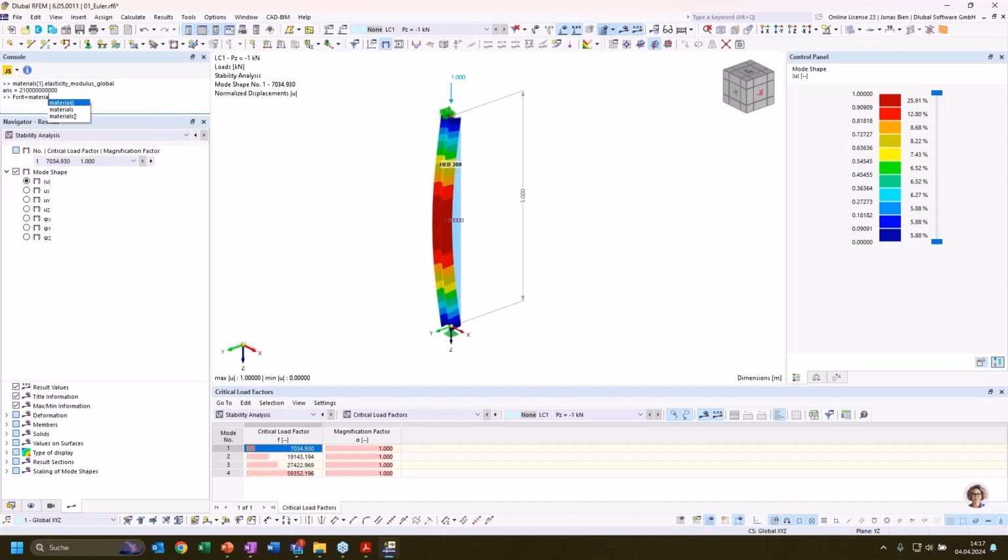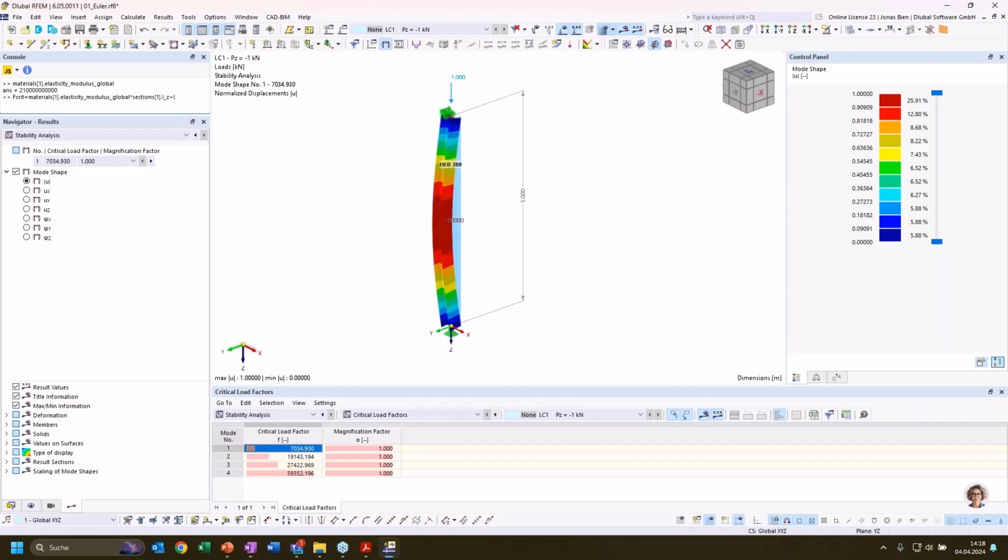I could now take this elastic modulus, multiply it with the moment of inertia of my first section. Let's see first what the critical Euler load would be for buckling about the weak axis. That's what the mode shape 1 gives us. So I use the moment of inertia for the z-axis here in that expression.